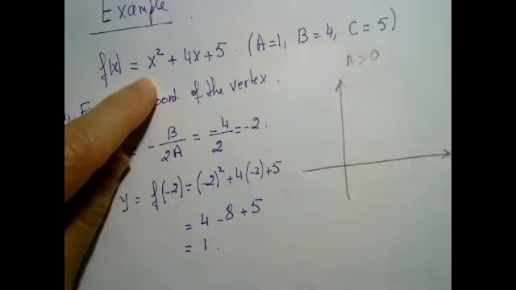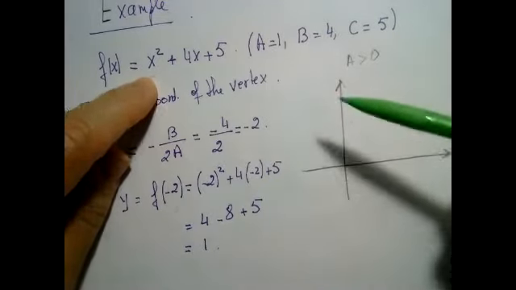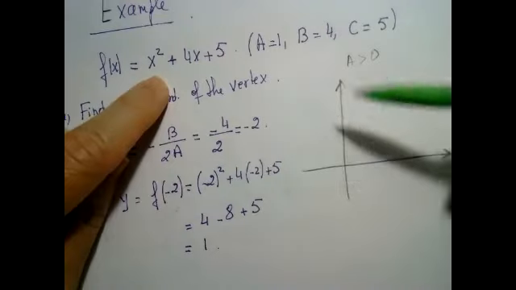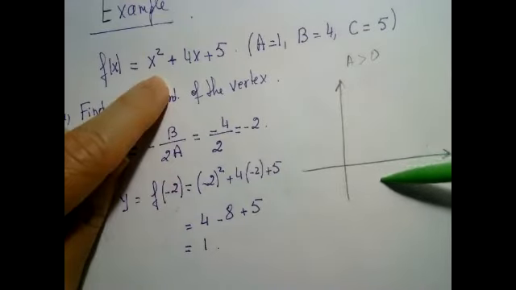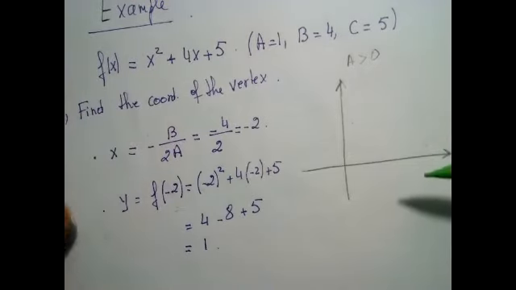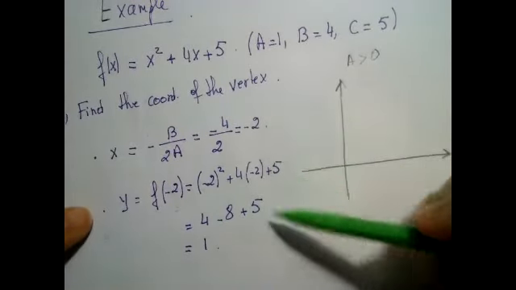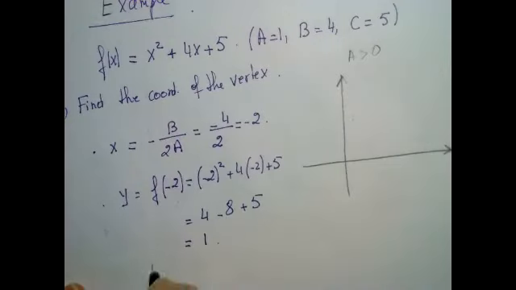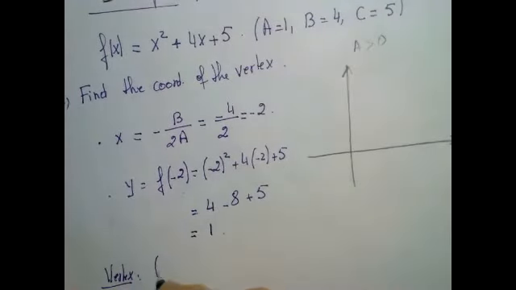A positive means the graph, that's a quadratic, not a line, is going to be a parabola going up, so concave up. The vertex has coordinates minus 2 and 1.